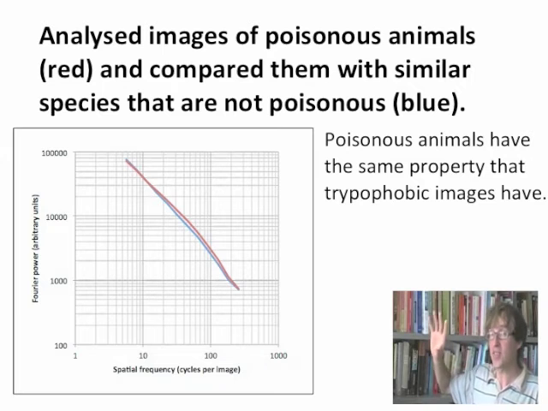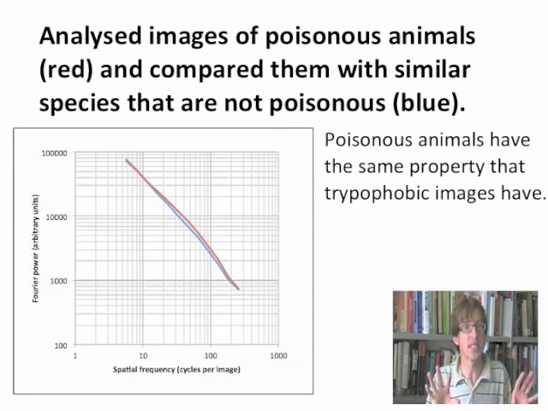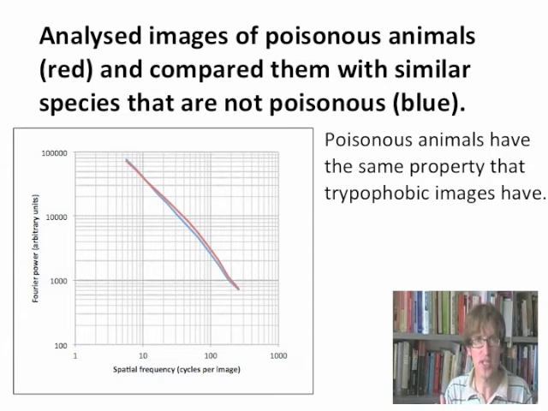They have relatively high contrast at mid-range spatial frequencies. So the poisonous animals have the same or a similar visual characteristic property, visual structure, not physical structure, as the trypophobic images. They both relate in that way.